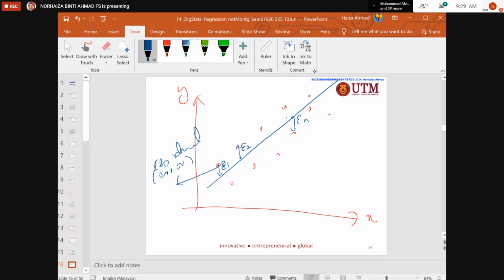So yi equals to beta naught plus beta 1 x plus epsilon i kan. So katakan you ada n observations, you've got i equals to 1 up to n. So maksudnya each observation has got an error.